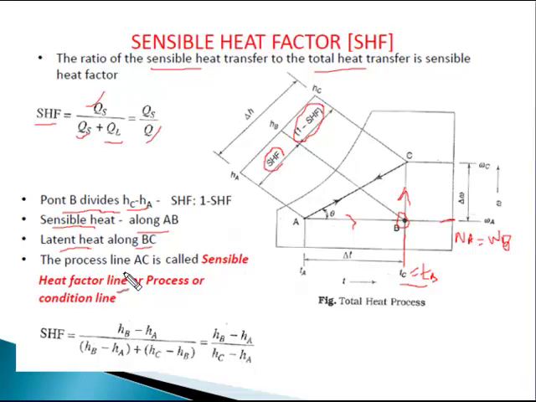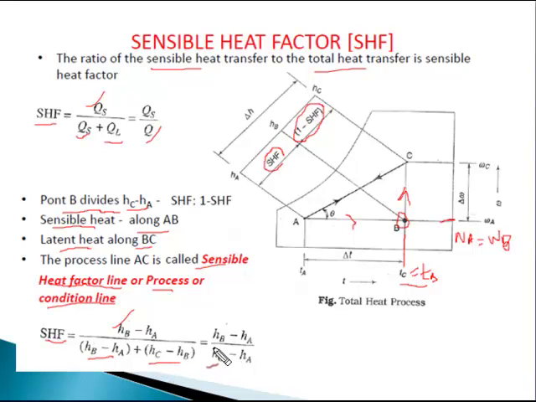The process line AC is called the sensible heat factor line, process line or condition line. Here sensible heat factor is equal to, in terms of enthalpy, the sensible heat, that is HB minus HA, divided by total heat, HB minus HA plus latent heat HC minus HB.